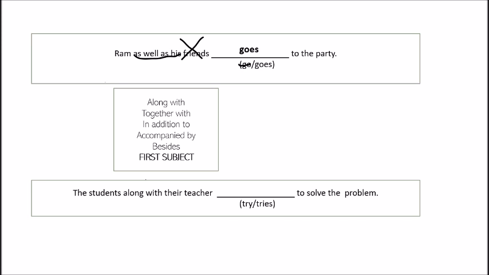Try or tries? Try is plural, tries is singular. Eliminating the middleman, here the middleman is teacher. Eliminated. The students along with their teacher try to solve the problem. Students is plural, so we fill the blank with plural try.